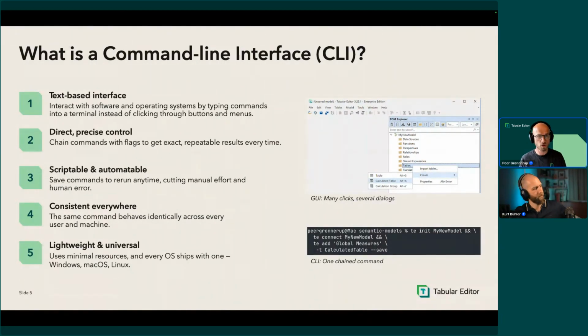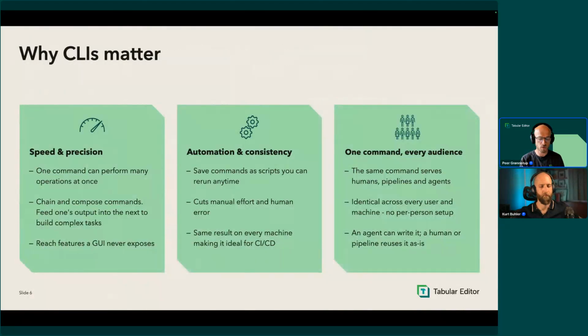Now, also in regards to CLIs and why they matter. First of all, speed and precision. I talked about the fact that you are able to run these commands chained, so a single command can actually perform multiple operations at once.